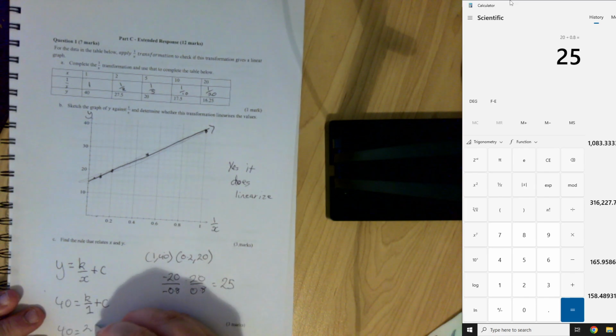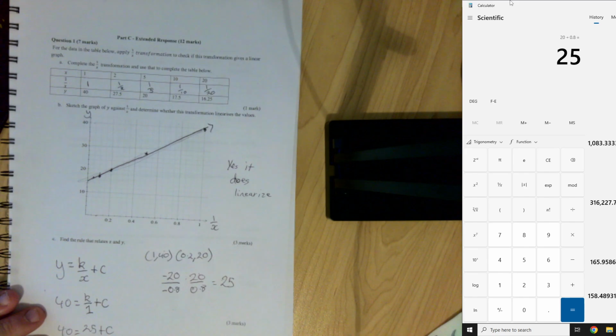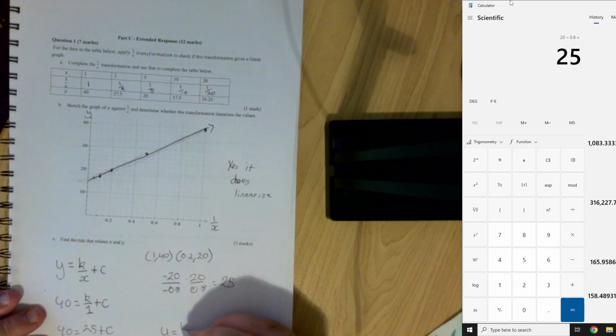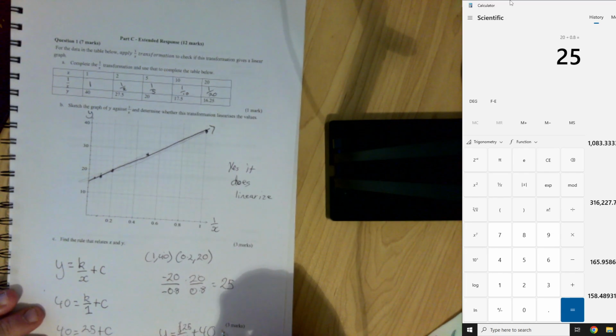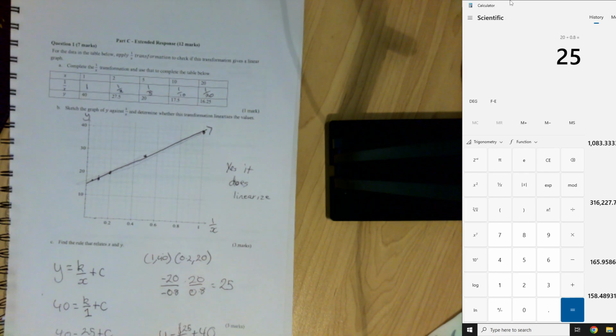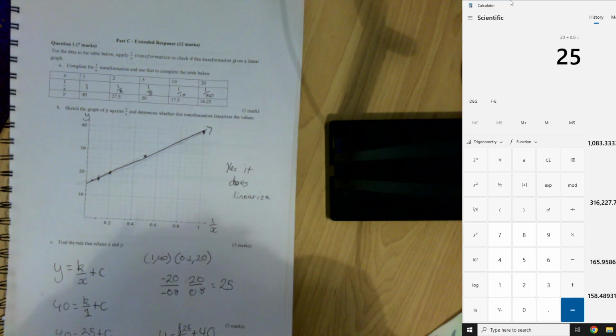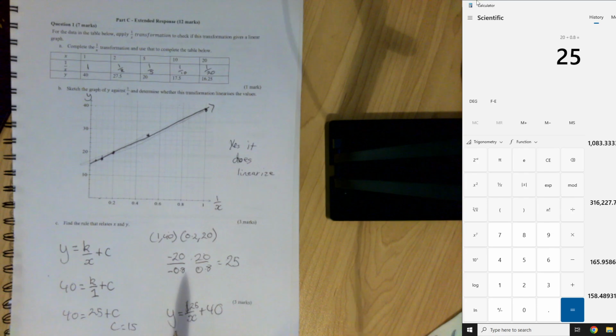So 40 equals 25 divided by 1, which is just 25, plus c, which means my c is equal to 15 as well. So it should be y equals 25 on x plus 40, I believe. I've got a bad feeling that I've got that one wrong. Just give me a second.